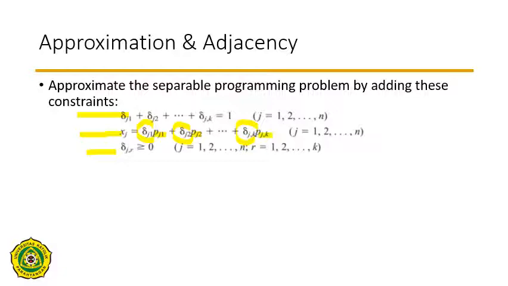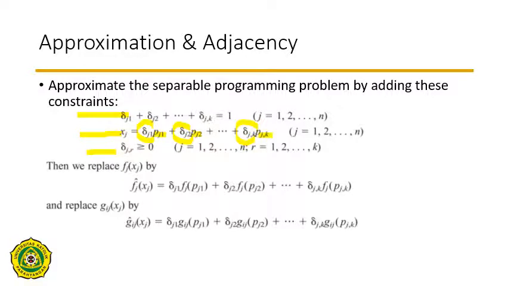We do the same thing for the objective function and the constraint. For the objective function, which originally is a function of xj, now we say that the objective function is the function of grid point 1, function of grid point 2, up to function of grid point k, and then put the coefficients the same as before.